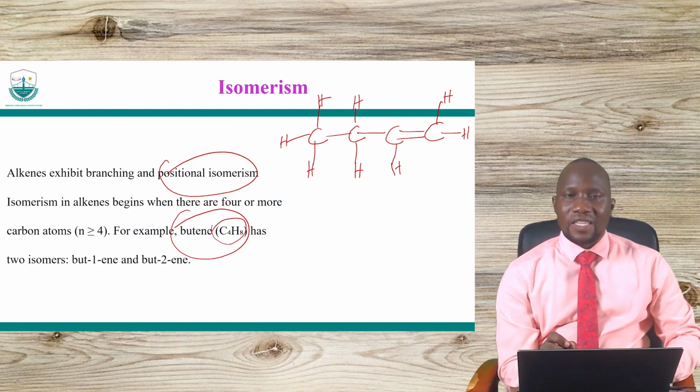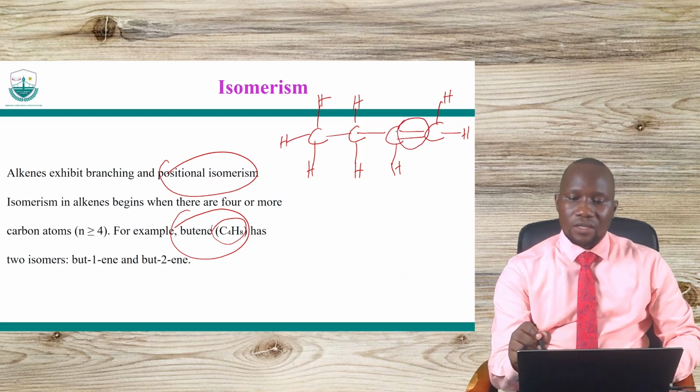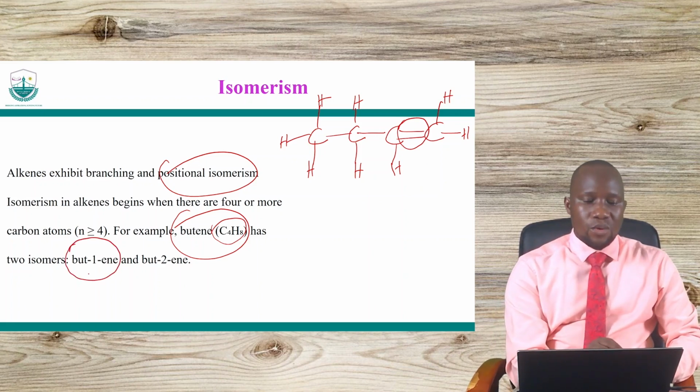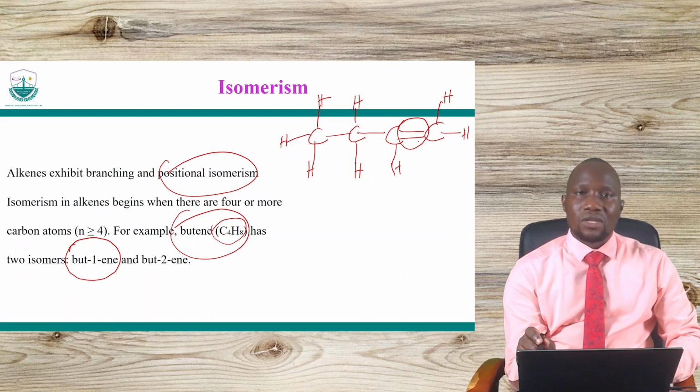Now, where is the position of the double bond? It's at position 1. So to mean 4 carbon atoms, the double bond is at carbon atom 1 here. But we can still have the same structure, but this time the double bond is in the middle at carbon number 2.